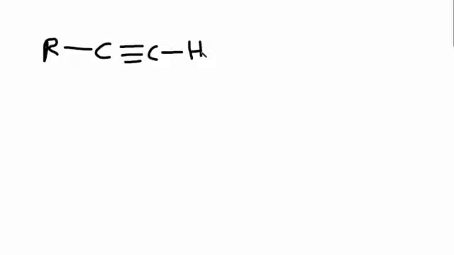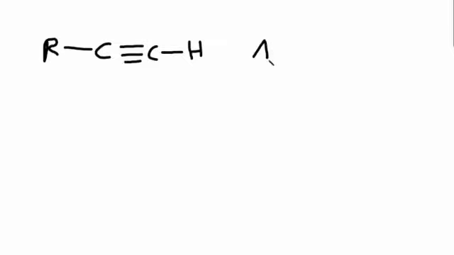And I want you guys to realize that because the hybridization of this carbon is sp and not sp2, it's actually going to have an easier time getting rid of this, being deprotonated. It's going to have an easier time deprotonating because those electrons will have more s character, they'll be closer to the nucleus, and they're more stable.